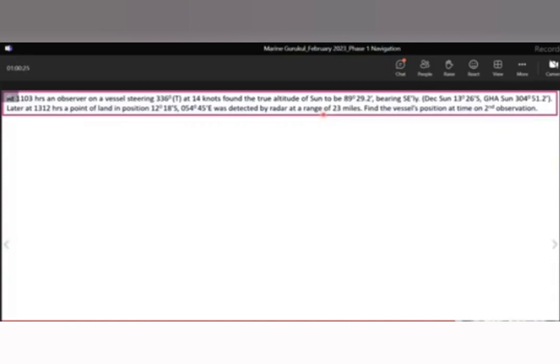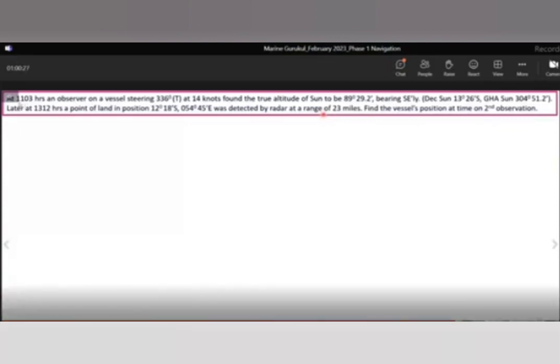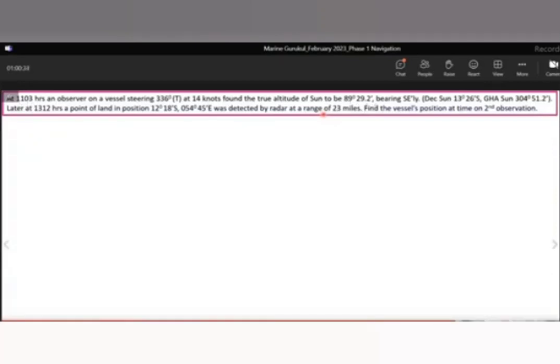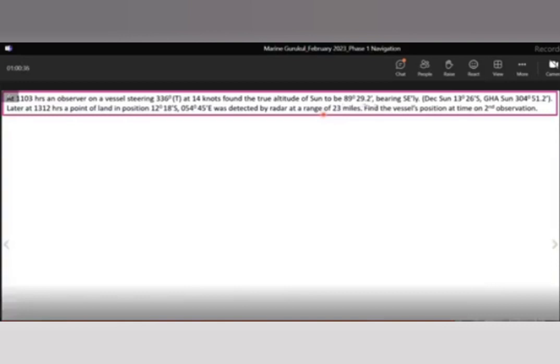Okay beta, if you have a look, the first observation 11:03, the altitude of the sun is 89 degrees 29.2 minutes. So you can see this is a high altitude observation. A high altitude observation is plotted using a position circle concept. Center of the circle is the GP, which is obtained from declination and GHA.